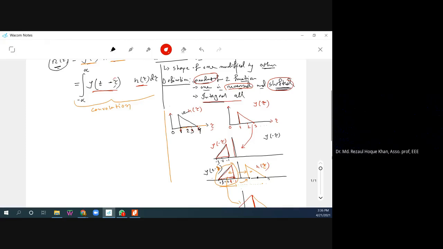By changing the tau, we get a product and overlapping, and that overlap is integrated. That area is integrated. That's actually the convolution. This is the best way I could explain it. Probably in your digital signal processing course you will know it much better. So this is our convolved signal.